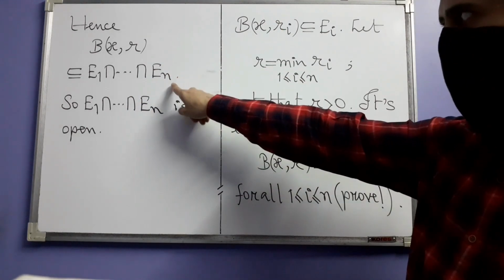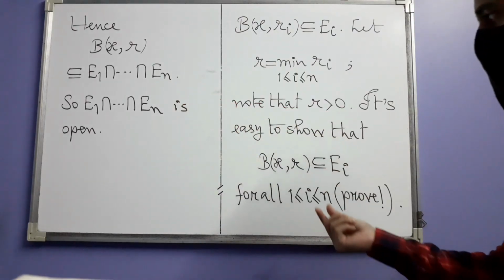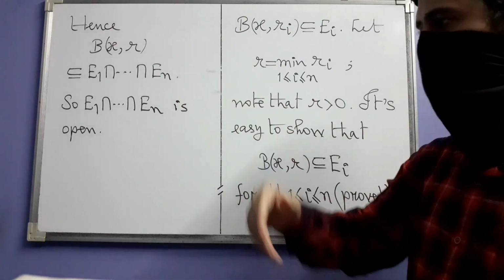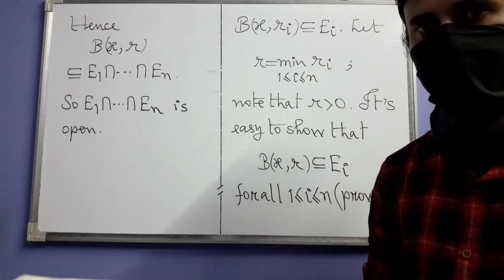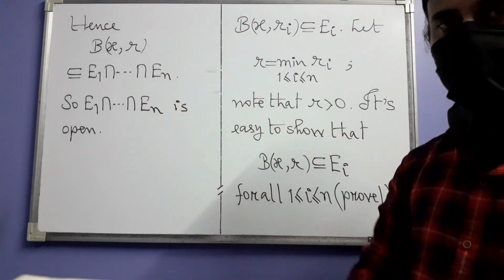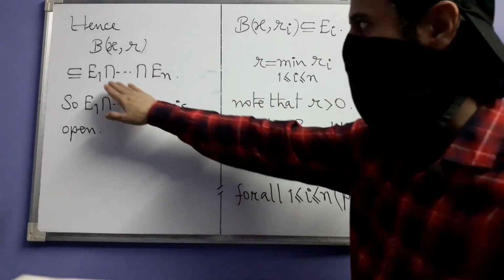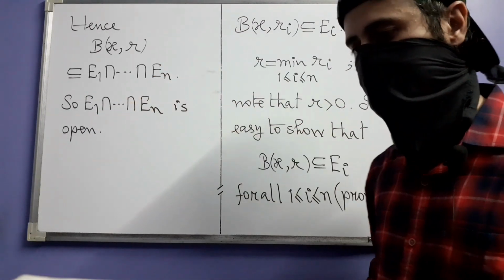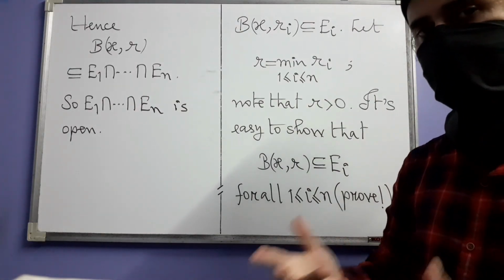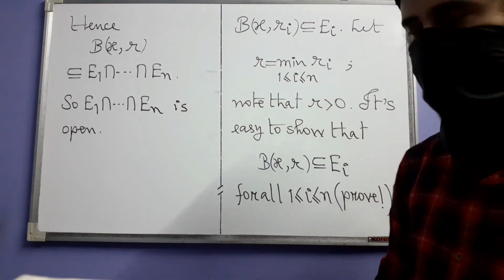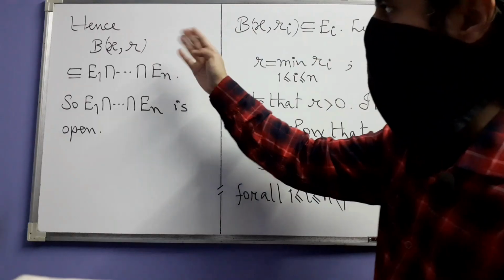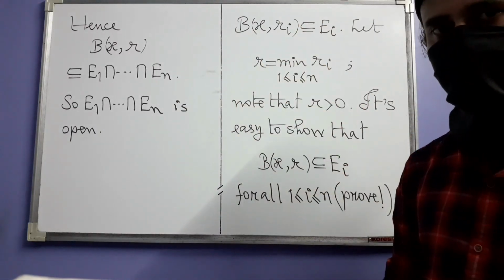What is it that we have shown here? We have shown that x is an interior point of the intersection, but originally x was any point in the intersection. This means that this intersection has all its points as its interior point, or in other words, that this set is a subset of its own interior.